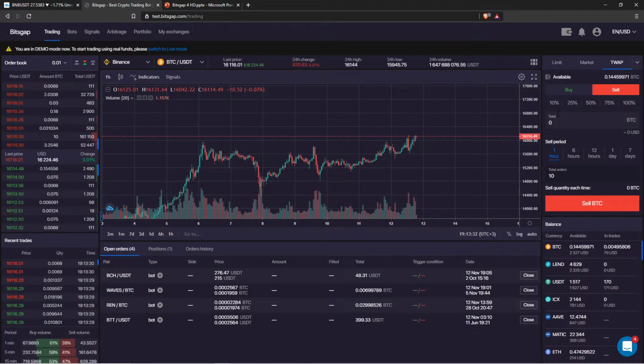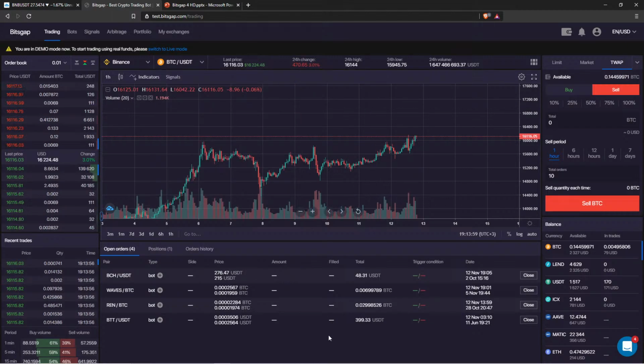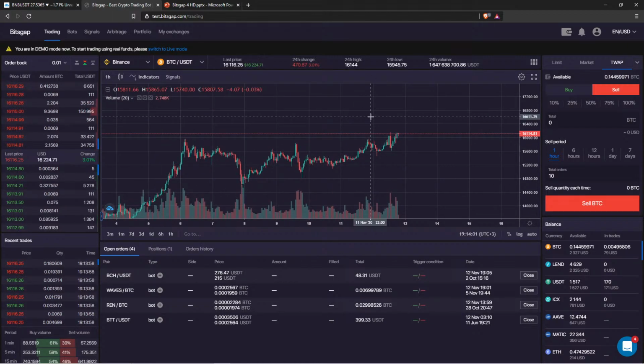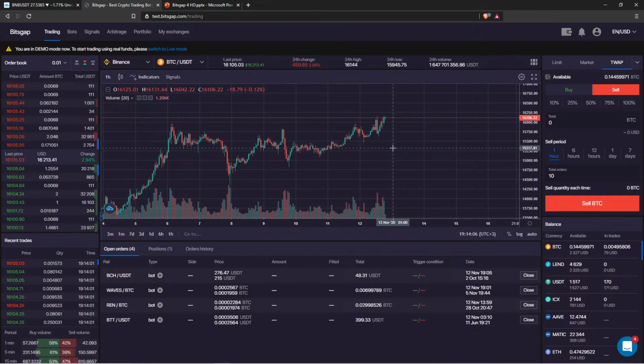Meaning that this crypto is not being traded that much as, let's say, Bitcoin or any other popular one like Ethereum or BNB. There are indeed so many cryptocurrencies that are less traded than BTC and Ethereum. So it can be the case that selling everything that you have in one trade can actually push the market significantly down.